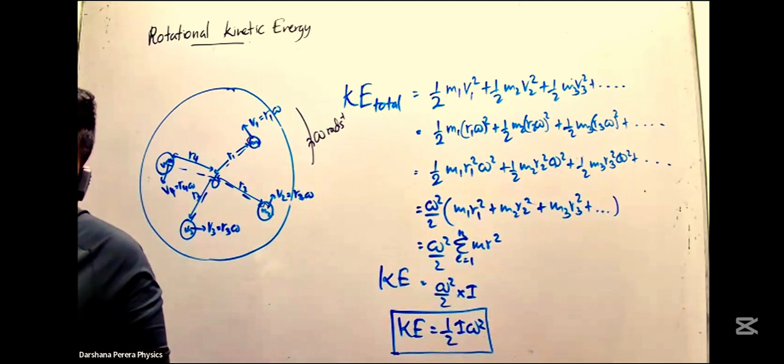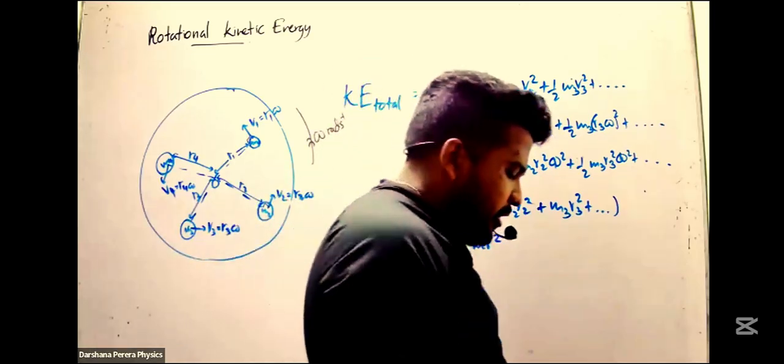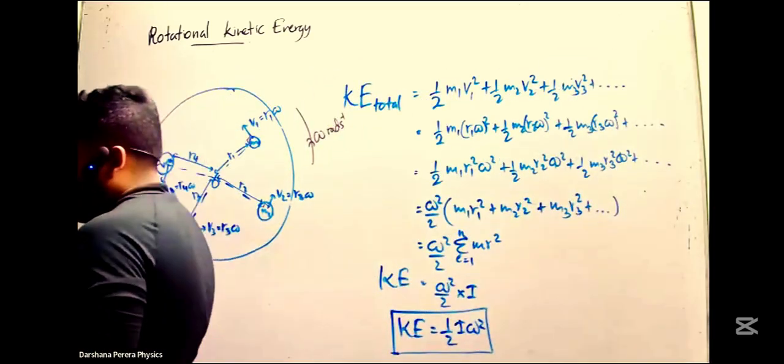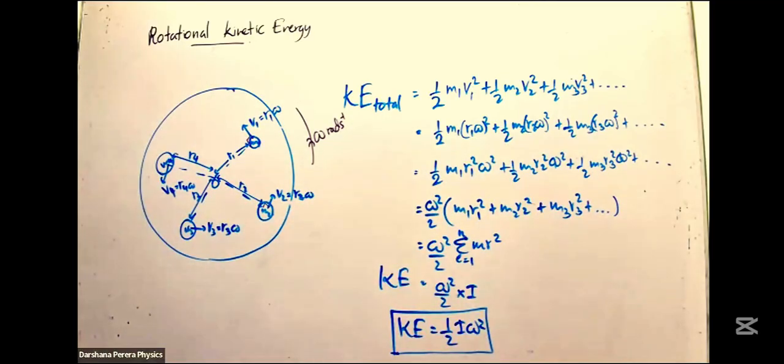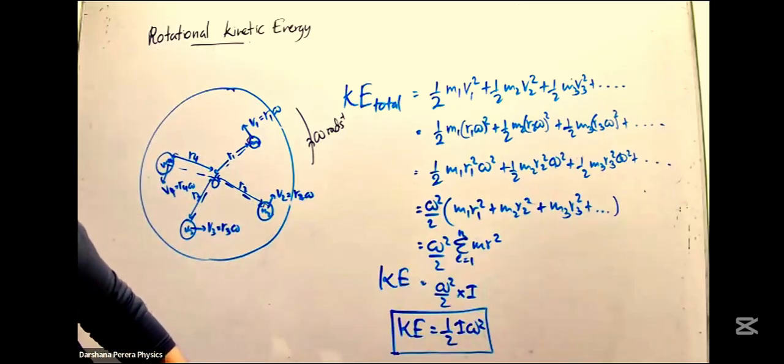A uniform cylindrical plate having moment of inertia I equals 18 kg m square.